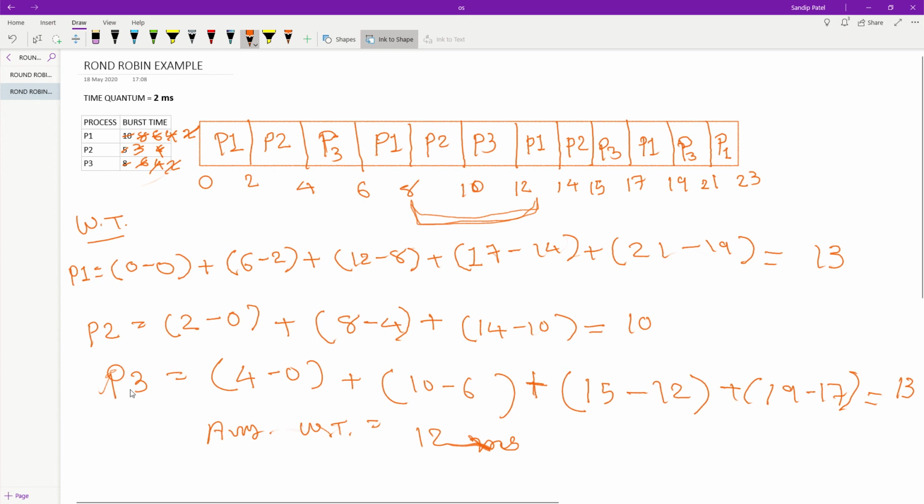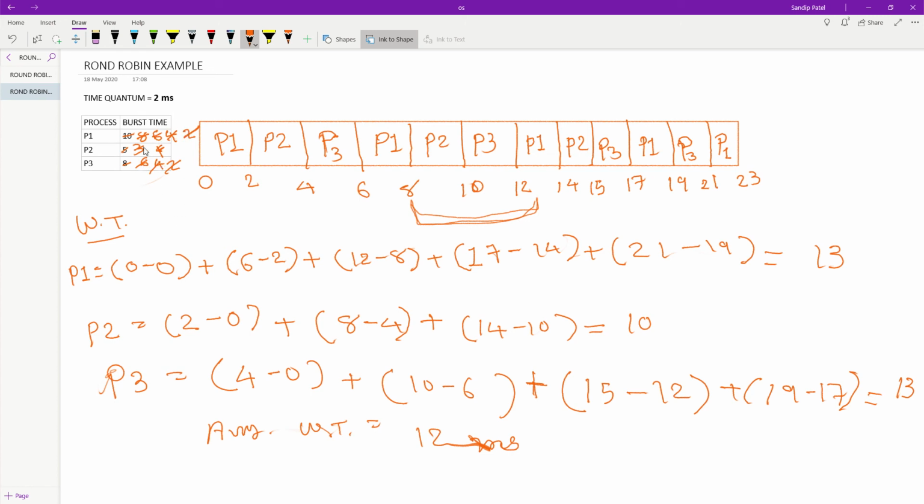With this, we are completing the round robin algorithm. In this algorithm, we have considered the arrival time as 0 millisecond. But if a few examples give an arrival time, at that time you also have to consider the arrival time, FCFS with arrival.